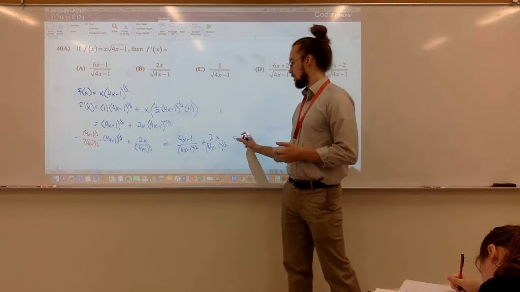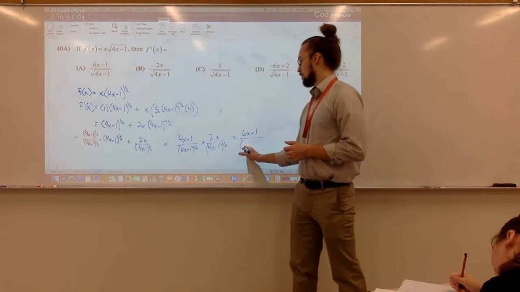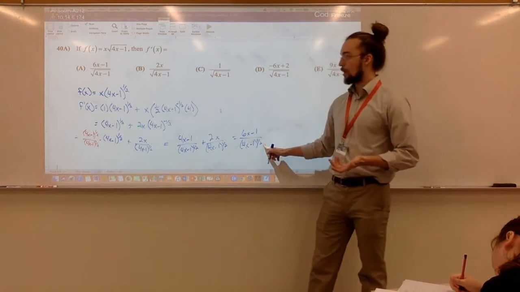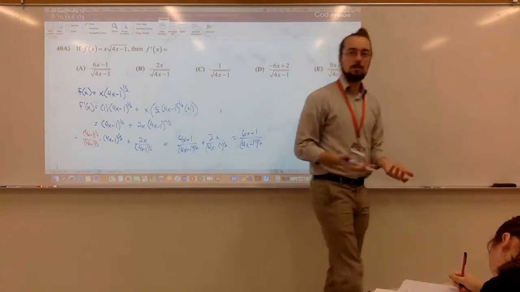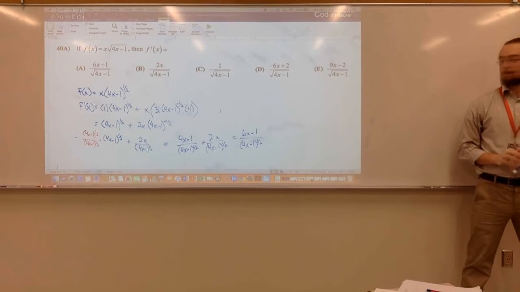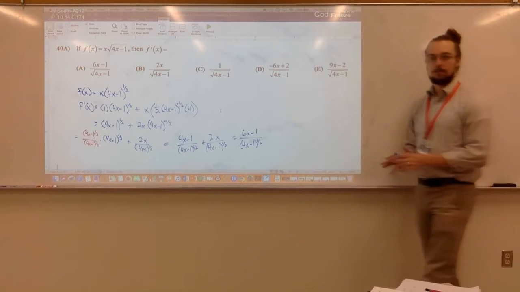Now I get (6x minus 1) over (4x minus 1) to the 1/2. And the 1/2 power is the same thing as the square root. So we get A for our answer. We okay with that one?